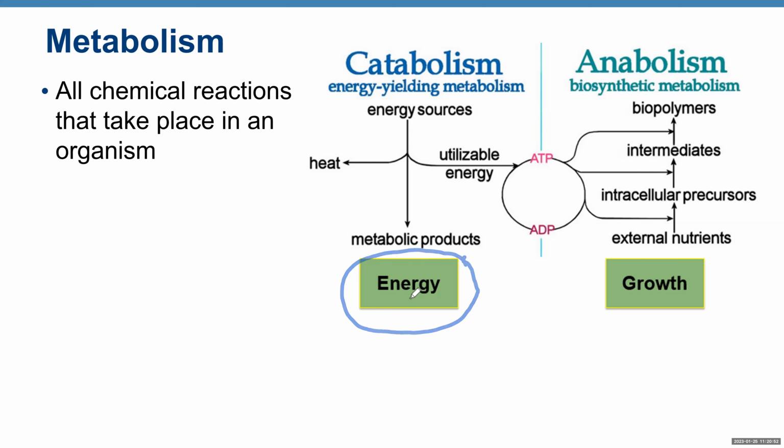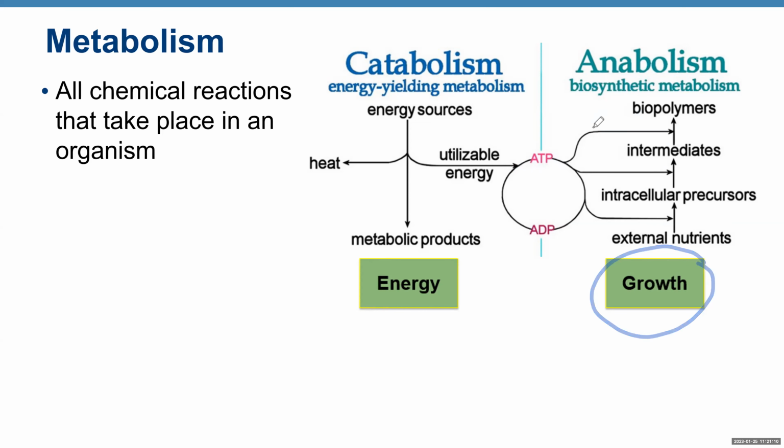Now, this energy that we will release, right? We're going to utilize this energy to synthesize ATP, and we're going to store this energy in ATP. Anabolism is used for growth.